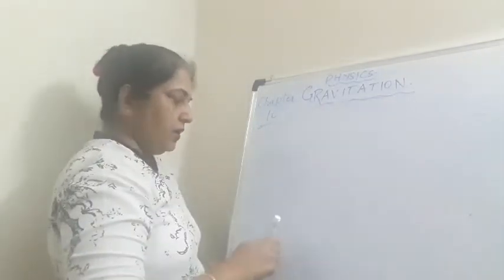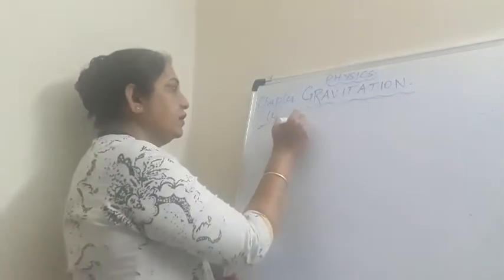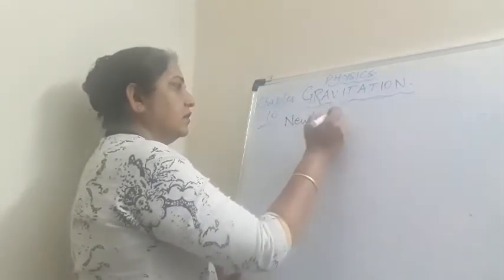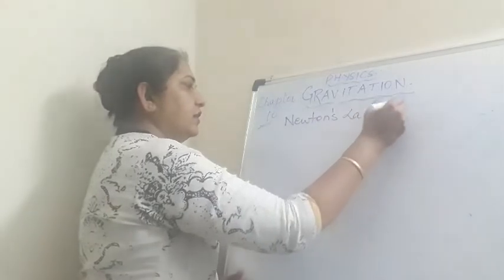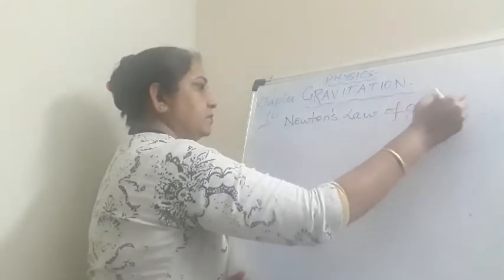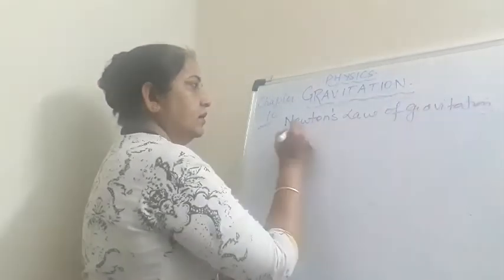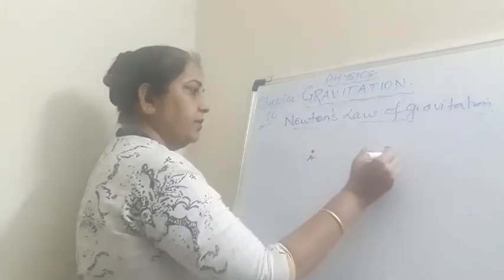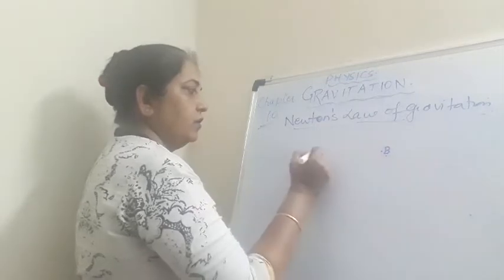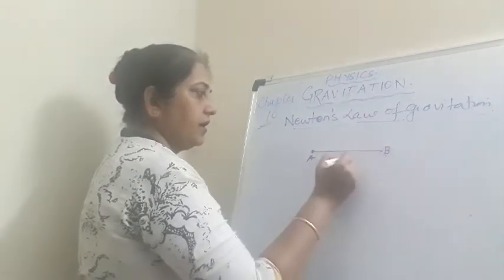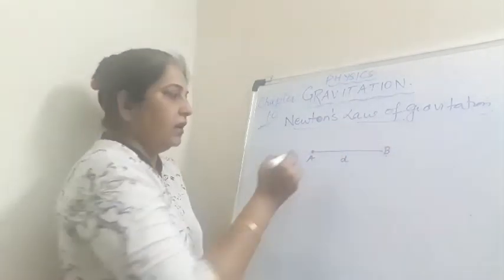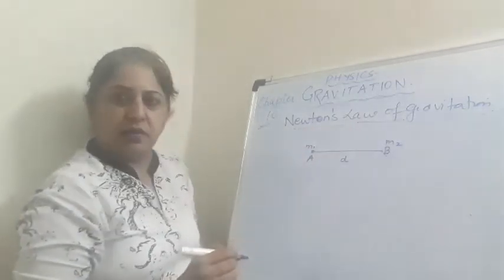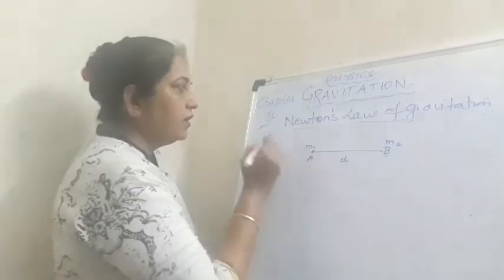So what are we studying? We are studying Newton's law of gravitation. Suppose there are two objects A and B, and both of them are separated by a distance d. Object A has mass m1 and object B has mass m2.